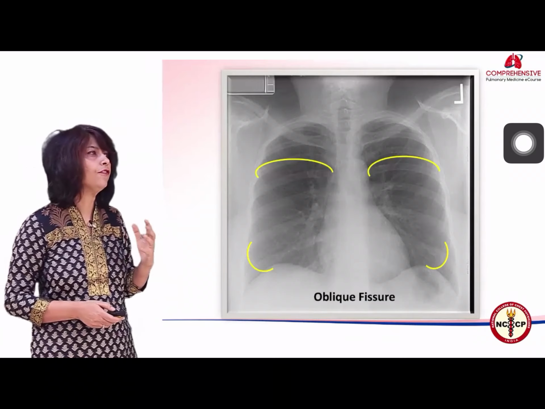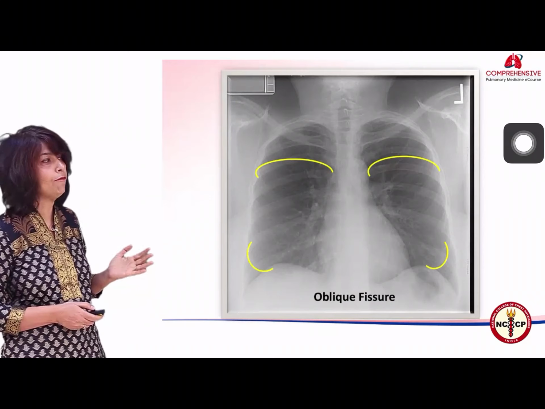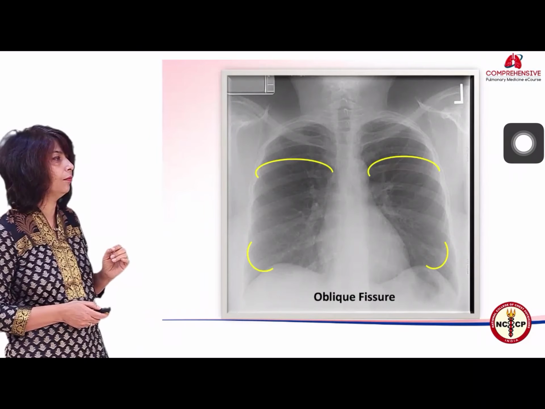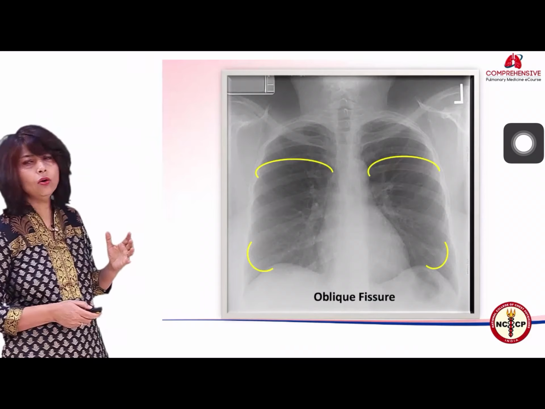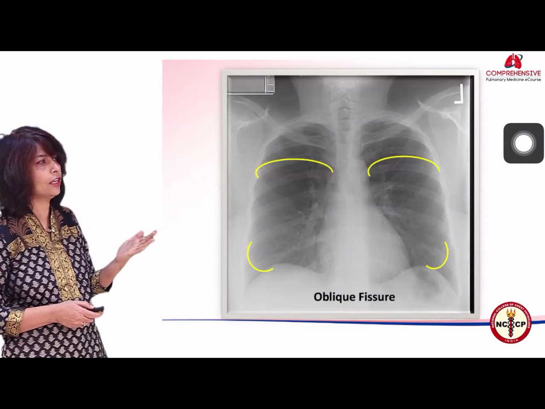So, the oblique fissure is not directly visualized on a frontal radiograph, but I tried to make it with some convexity, a little more, to show you how the fissure projects when a frontal radiograph is taken.